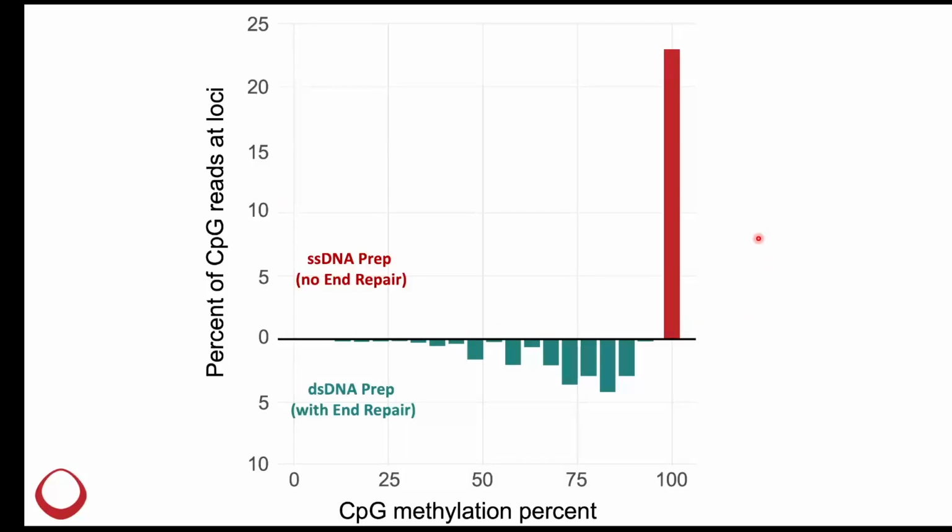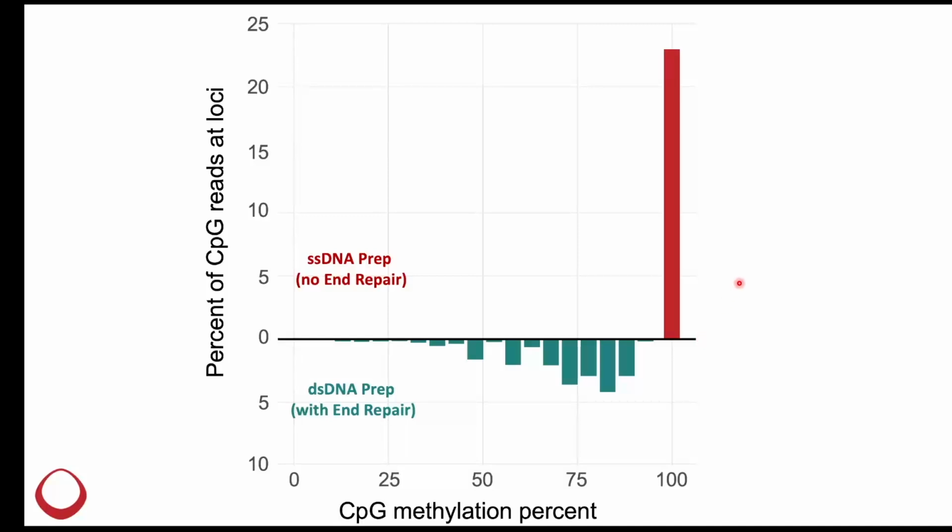To understand this figure, it really helps to think about cell-free DNA molecules in a single cell state. In a single cell state, per CpG loci, a CpG is either going to be not methylated or fully methylated. And that just depends on the differentiation of the cell and the function of the cell.